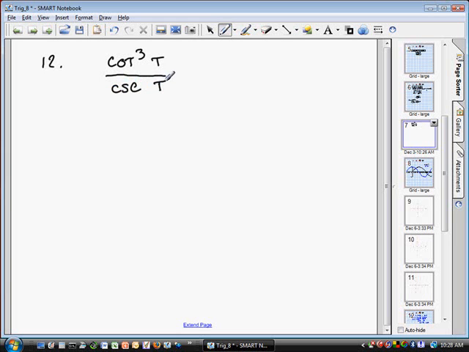And so an identity is an equation. On the other side, cosine t multiplied by the quantity cosecant squared t minus 1. Now here's the deal on proving an identity.